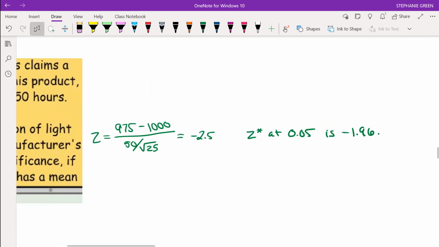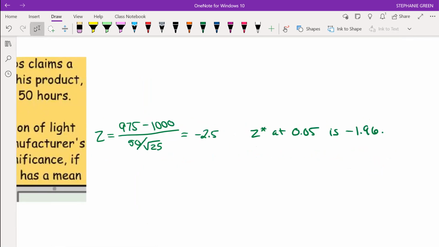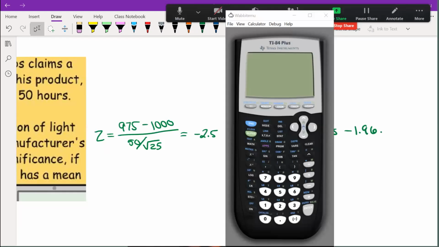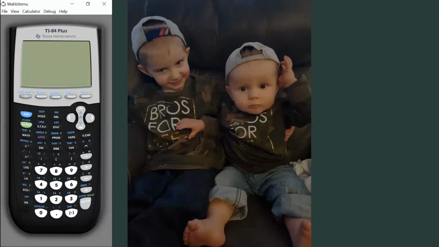Okay, and again, if I use my graphing calculator here, this should be super quick because I actually already have the numbers in there. Just need to change the 1 to 975.